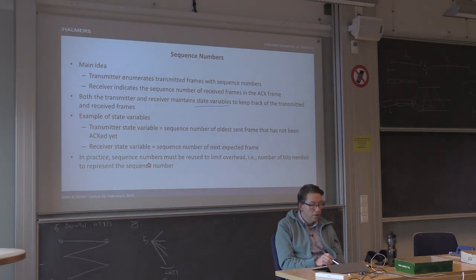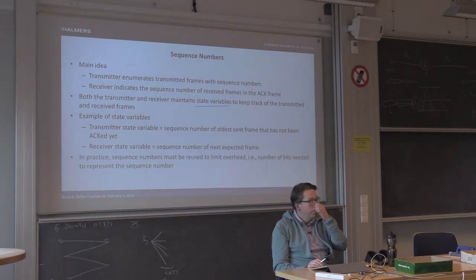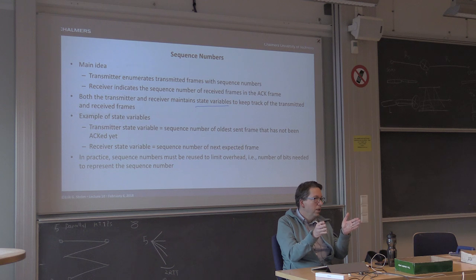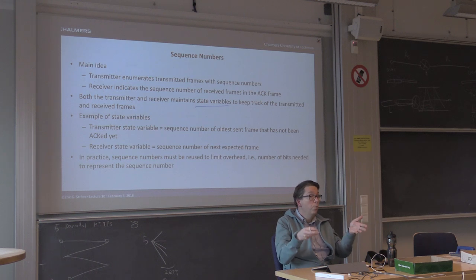So in practice, if I transmit a video or something like that of gigabytes of data, and each packet is 1500 bytes, the sequence number becomes quite large in a short time. Which means that the number of bits I need in order to represent this sequence number could be very large. So at some point I need to reuse the old sequence numbers.